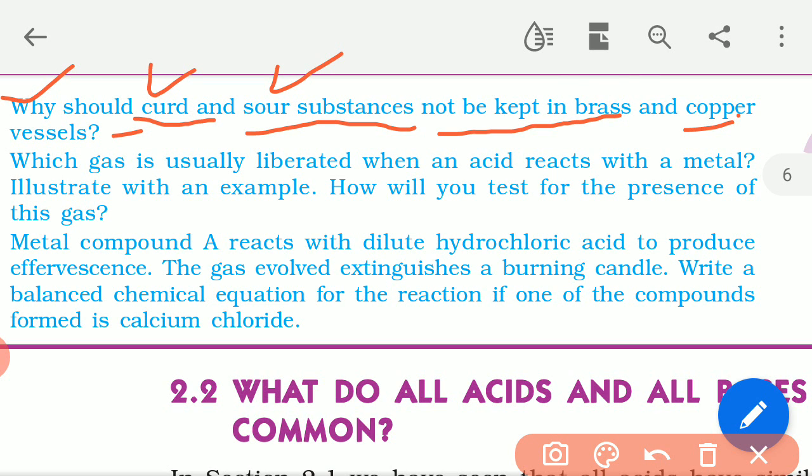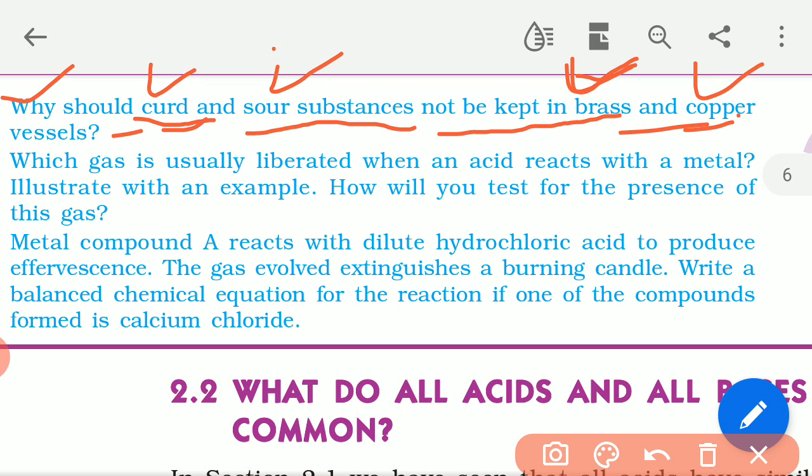When acid reacts with brass and copper, a poisonous substance is produced, which causes damage to health. This is a poisonous, harmful substance, therefore it cannot be kept in a brass or copper vessel. So let me start the answer.